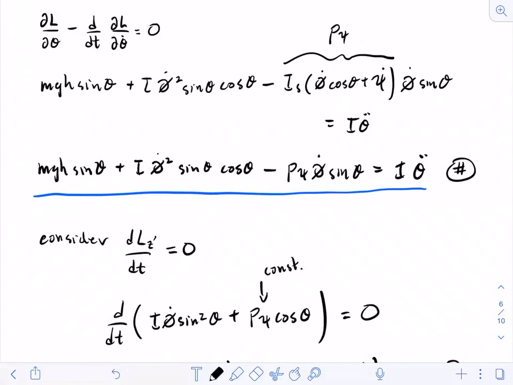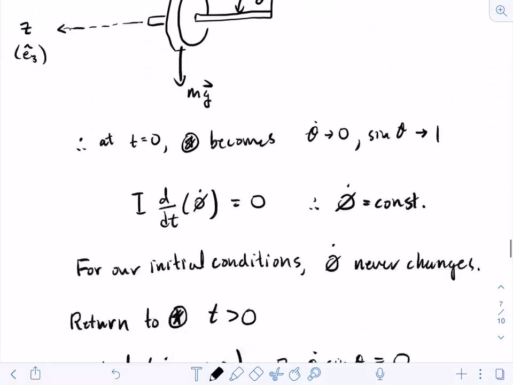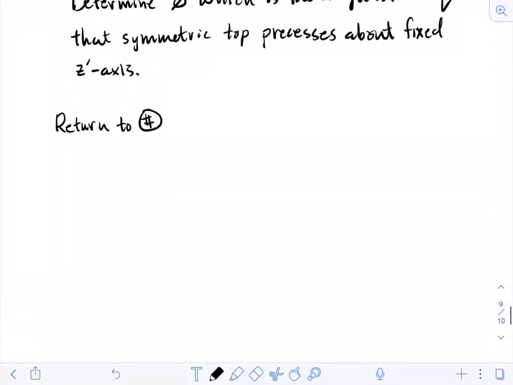To do that, we're going to use this equation of motion for theta, because it contains the phi dot we want. So here's that number sign equation, the equation of motion, and I'm going to rewrite it exactly as it was.